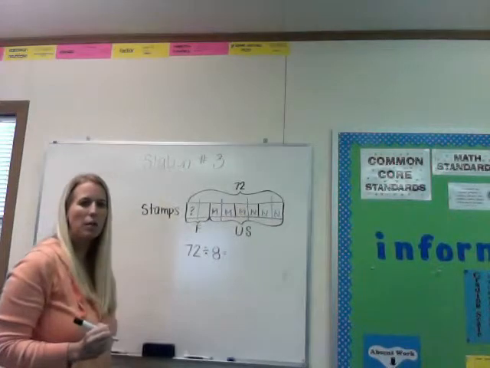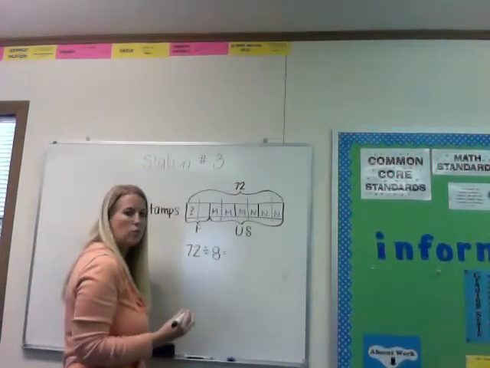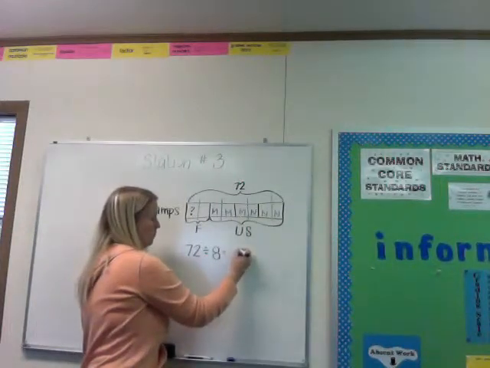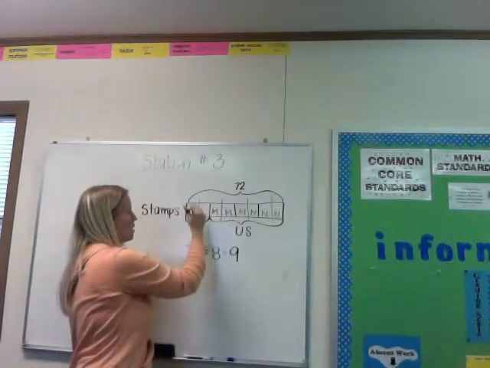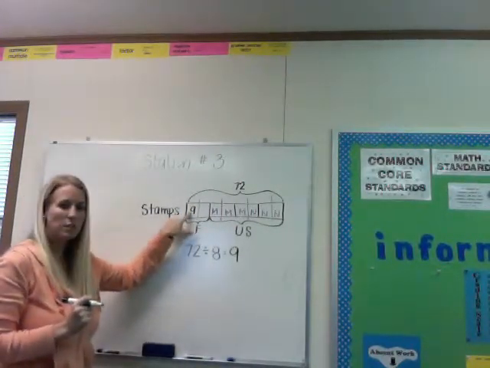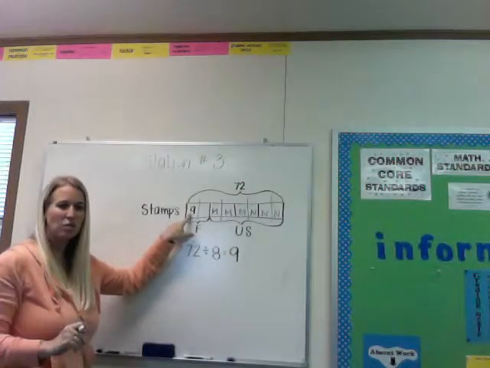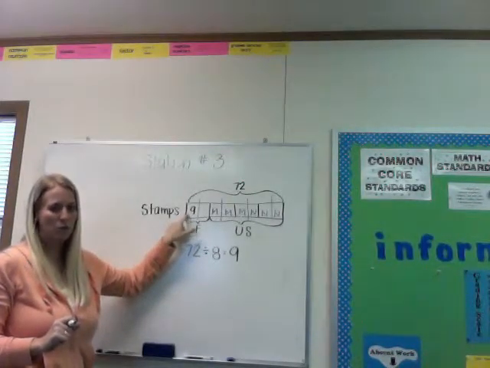That will tell me how much one of these boxes is worth. You guys know that 72 divided by 8 is 9. So my answer to this question is 9. 9 for each one of these small boxes. That's not the answer to the entire question. That was just my answer to how much a small box was worth.